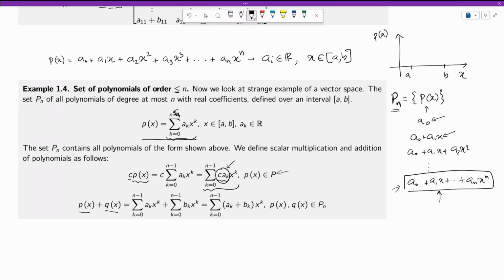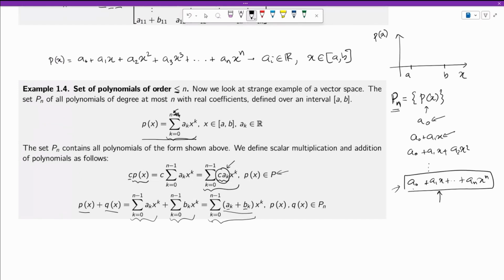So these are the two polynomials, p of x and q of x. If you add them together, the resulting polynomial will be of this form, where you simply add the coefficients ak and bk corresponding to the power x to the k. And ak and bk are real numbers. ak plus bk will be a real number.